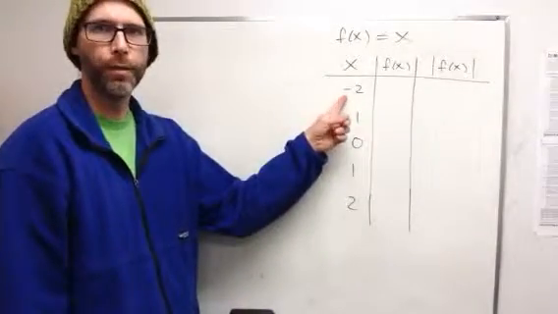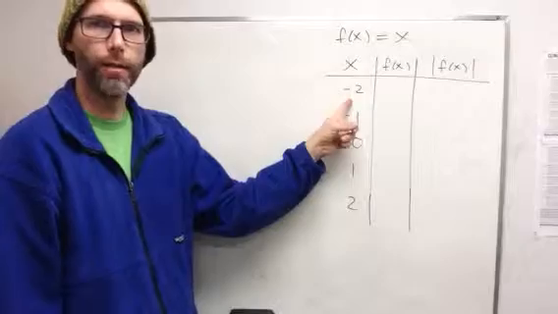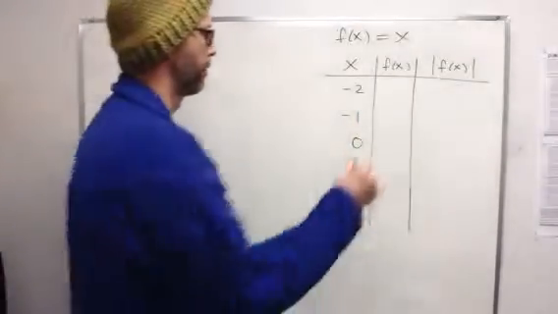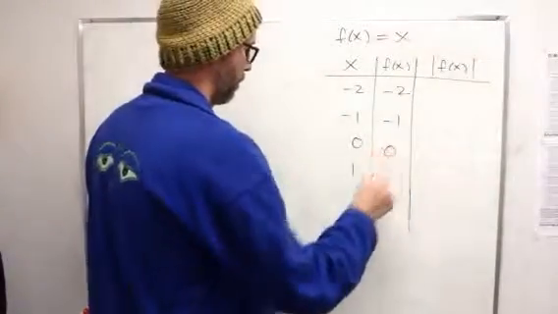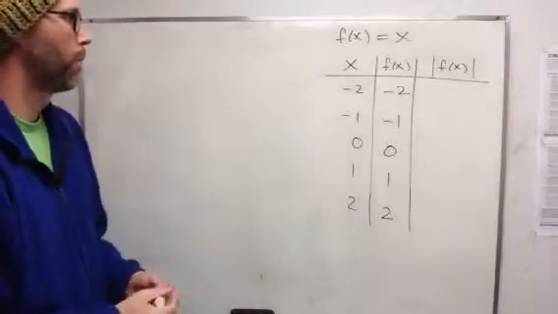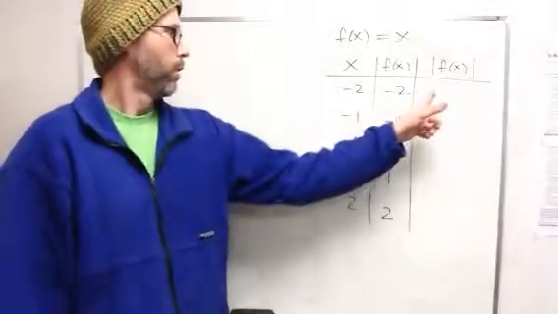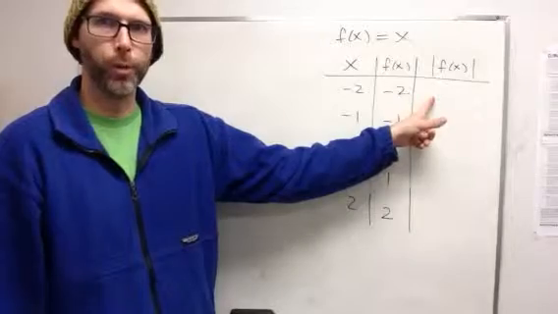When x is -2, the rule tells us that f of x is -2. Here we put the absolute value of -2.